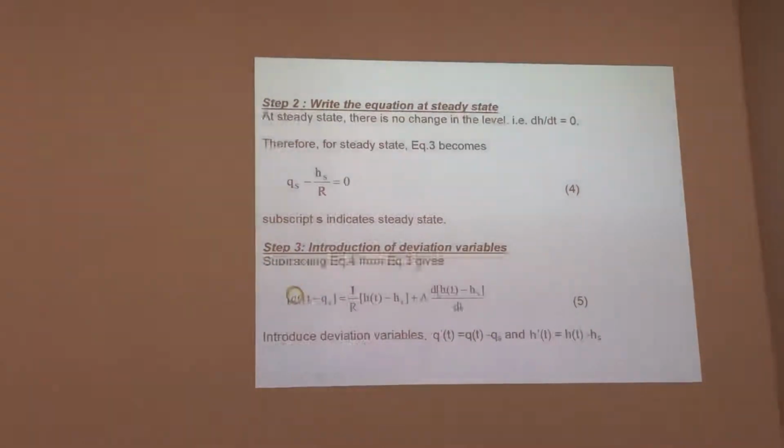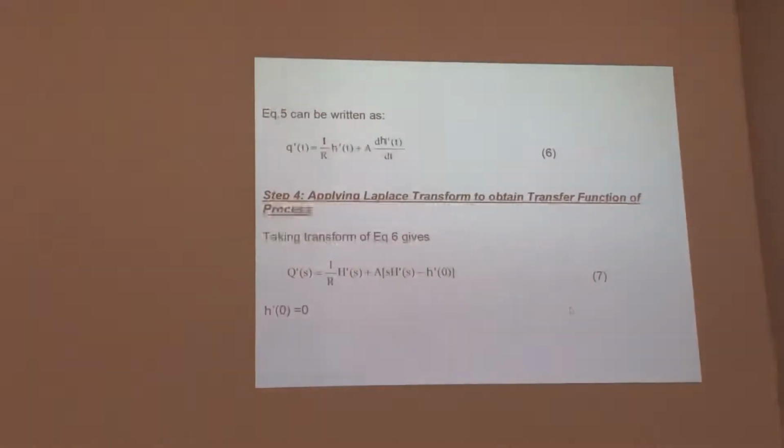So I replace the entire expression, this one becomes Q prime. And then H, the water level, minus the water level during the steady state, I call it H prime. So H prime equals H minus H during the steady state. So I can replace here and replace here. So equation 5 will be simplified into this equation 6.